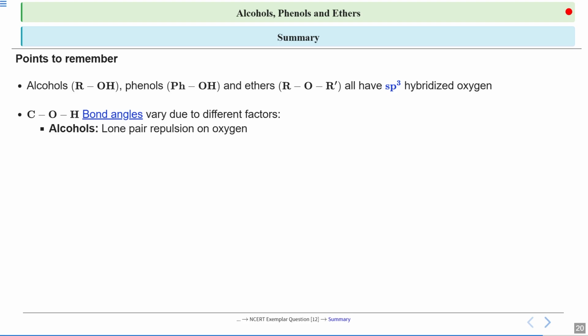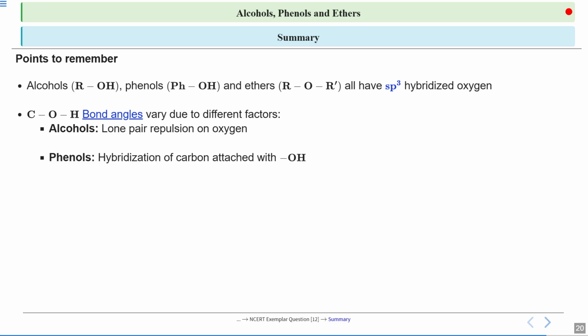If we talk about the alcohol particularly, there is lone pair repulsion on the oxygen atom in the alcohol molecule. The lone pairs are present on the oxygen, and since the lone pair repulsion is greater than the bond pair repulsion, the bond angle will slightly decrease from the ideal tetrahedral bond angle, which is 109.5 degrees.